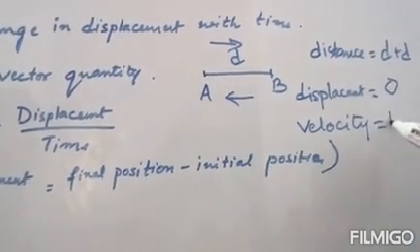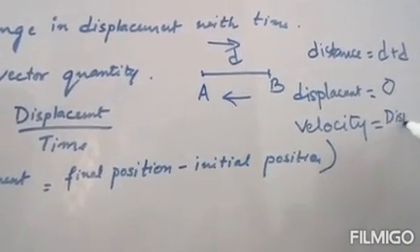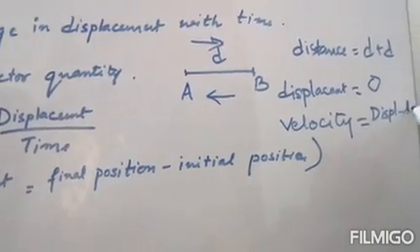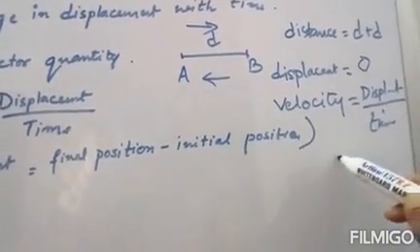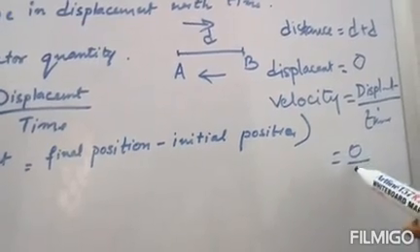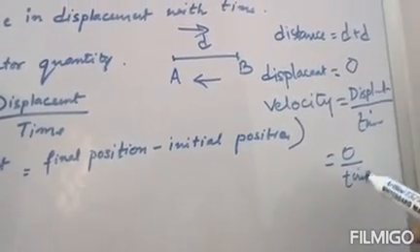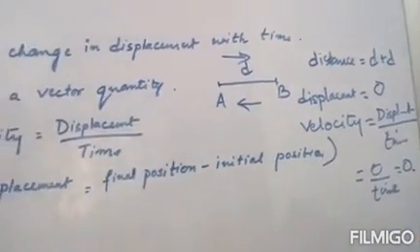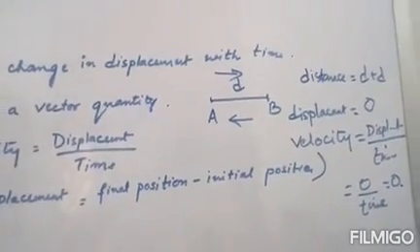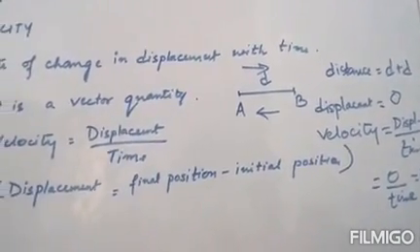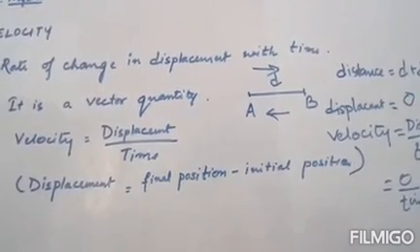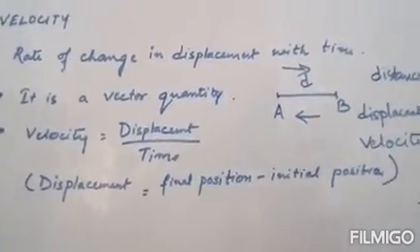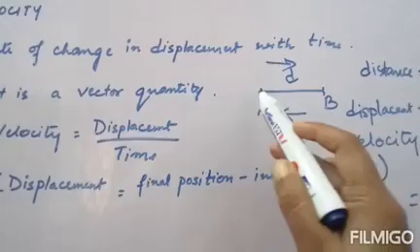Why? Velocity means what? Displacement by time. If displacement is 0, 0 by something will be 0 only, right? So we can never get speed as 0, because we can calculate speed: it has gone here, from here it is coming back.